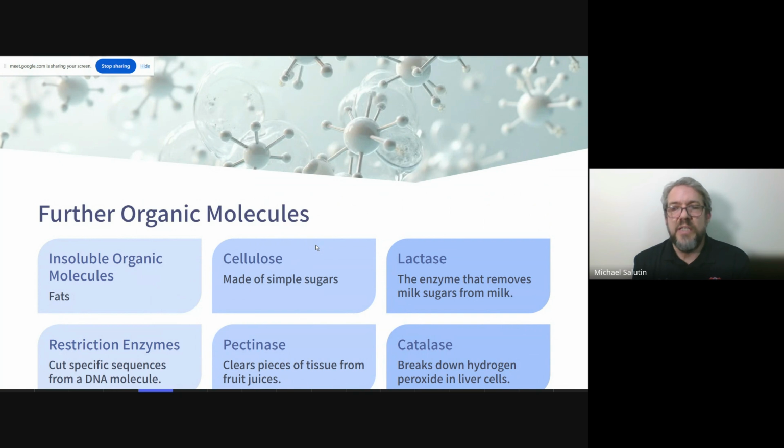It means that they can separate out from the liquids around them and form these membranes. Cellulose is the polysaccharide we mentioned earlier. It's important to know it is made of simple sugars. It is not made of glycerol or fatty acid. It is not made of amino acids. It is made of simple sugars.